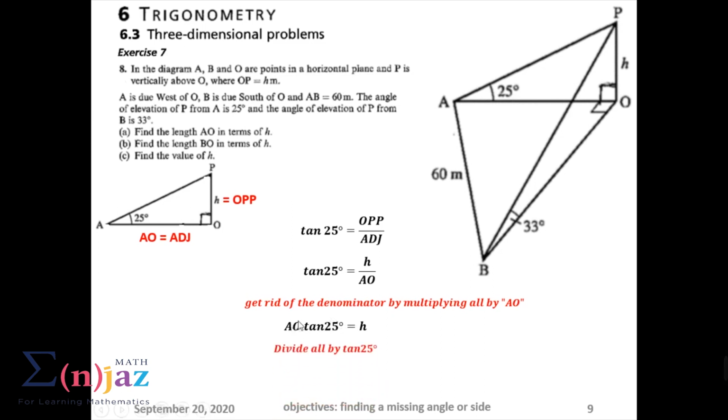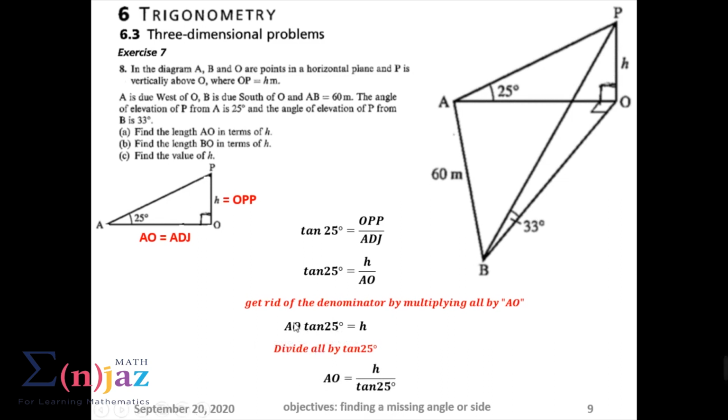Once again, AO, the unknown, times tan of 25. We solve for AO by applying opposite operations. Since the operation here is times tan of 25, then to get rid of tan of 25, we divide all by tan of 25.